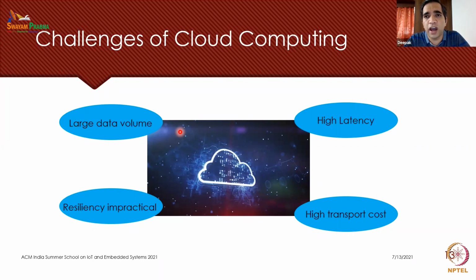Like let's say you have some application monitoring quality of air at some location in the city, and you want to make some inference based on that. So you're collecting data and you're making some inference of how the quality of air changes based on some activity that's happening in the city.